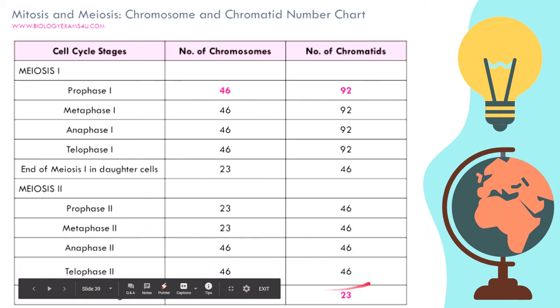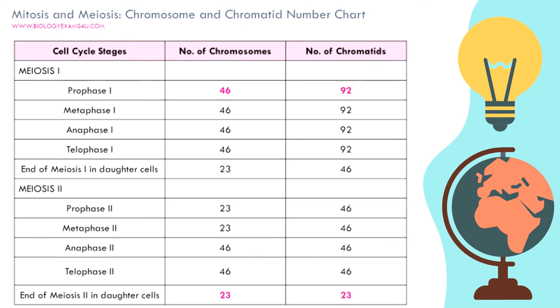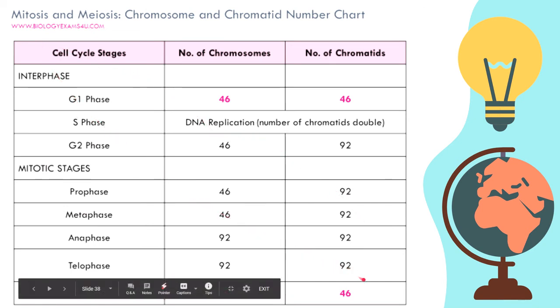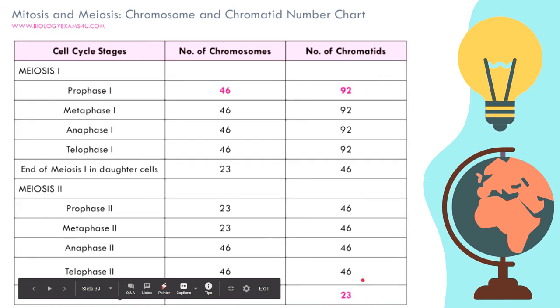Then it will continue until cytokinesis. Now, in the 4 daughter cells, they will now just result in having 23 chromosomes. This is why in mitosis, the products are 46 diploid daughter cells, while in meiosis, it produces 23 chromosomes in haploid daughter cells.